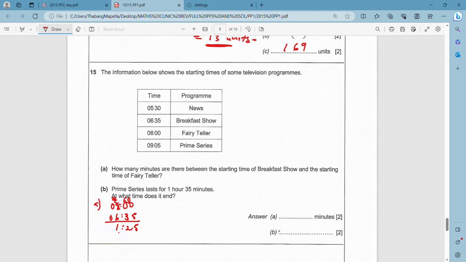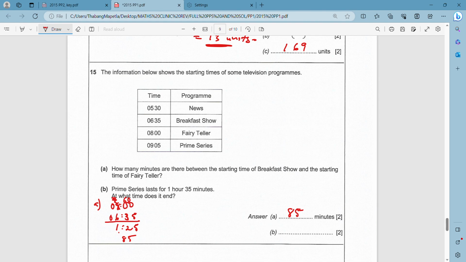But they are saying you should give it in minutes. Remember that 1 hour is 60 minutes. So it's 60 plus 25, which is 85 minutes.